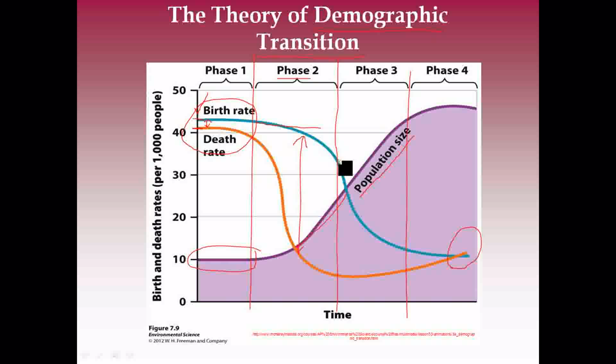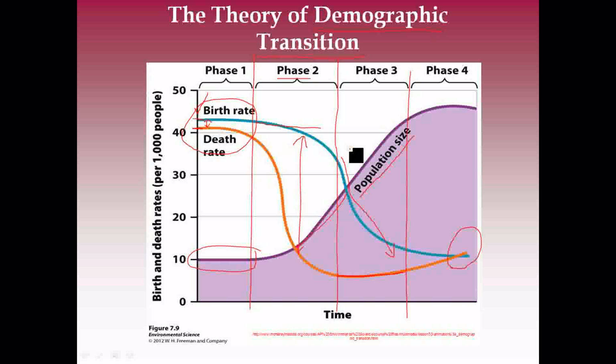But now you see both the death rate, well, let's call it right here, in phase 3, the death rate stays nice and low, but the birth rate continues to decline. And again, this is because of the education of women, as we saw in that little video that we watched on Thursday, not because of religion, but because of better educated women.